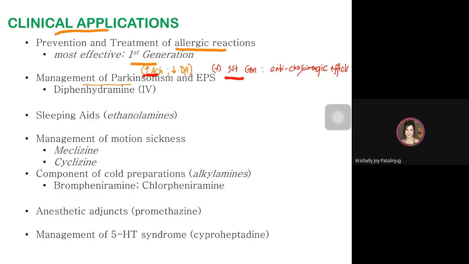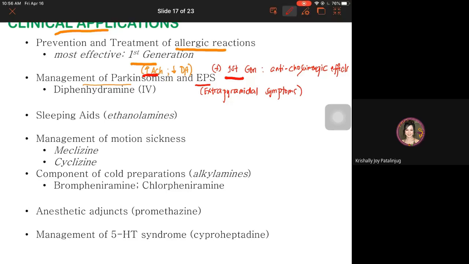of EPS, not a specific H1 blocker. EPS stands for extrapyramidal symptoms. Now, ang common nga gakos o extrapyramidal symptoms are actually the group of drugs nga classified as antipsychotics.